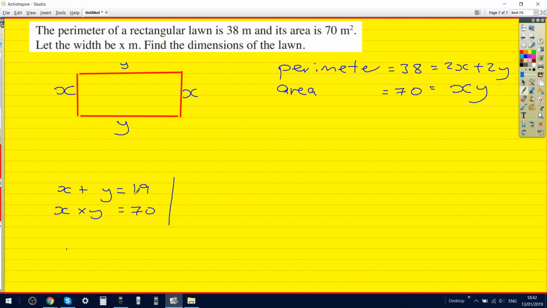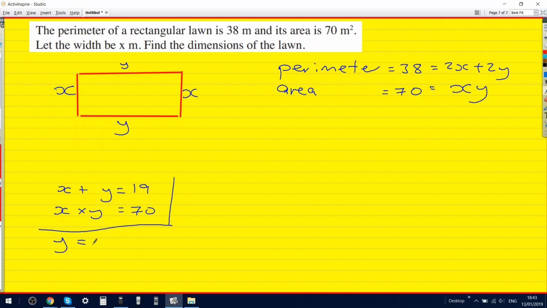Let's say in the first equation, what would it be if it was y equals? I'm not sure.